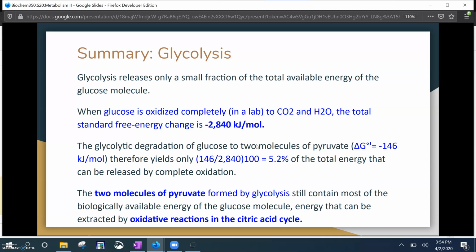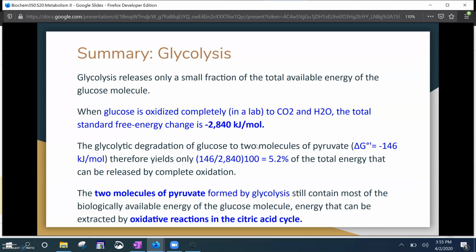When glucose is oxidized completely in a lab to carbon dioxide and water, the standard free energy change is 2,840 kilojoules per mole. So that's quite a bit of energy out of 1 mole of glucose. The glycolytic degradation of glucose to 2 molecules of pyruvate has a much lower delta G, and it only yields about 5% of the total energy that could really come out of a glucose molecule.